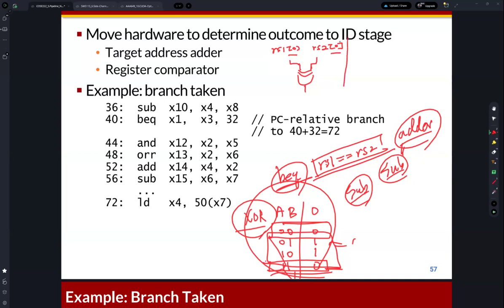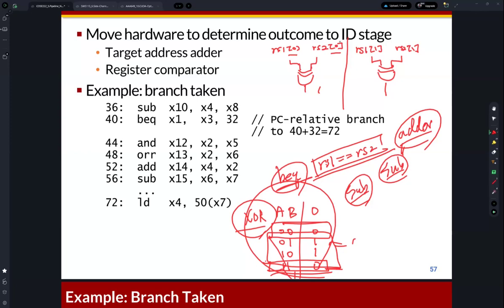And then we can apply exclusive OR gates to the other bits, like RS1 bit 1 and RS2 bit 1, and then an exclusive OR gate. Then if one of these values is 1, it means the two values are different.